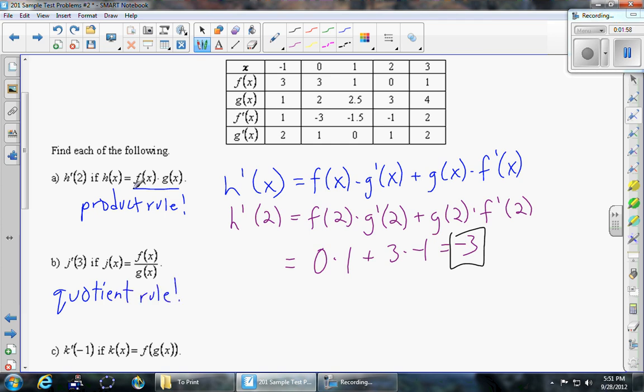So before we find j prime of 3, we need j prime of x. So it's a quotient rule. I always put the bottom squared first because otherwise I'll forget it. So the bottom thing gets squared. So we do bottom times derivative of the top.